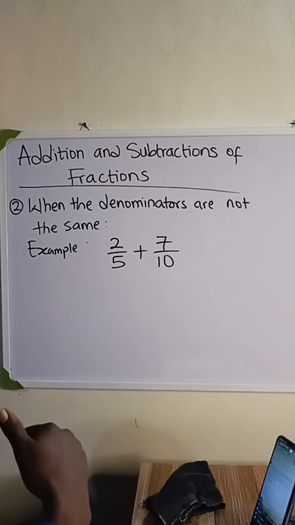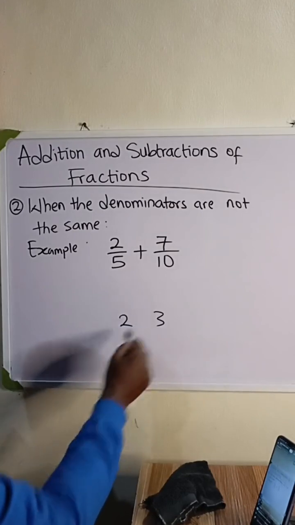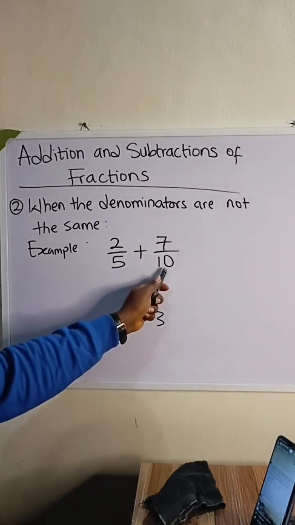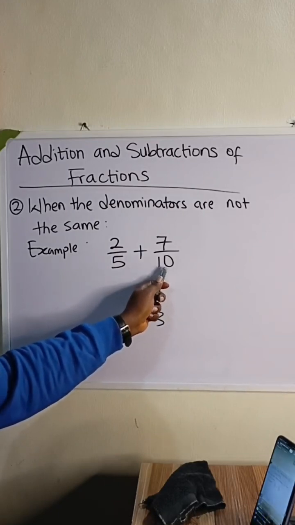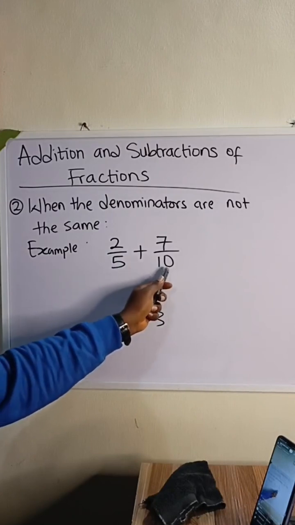But unlike the first one, where we had 2 and 3 as one of the examples, here 5 and 10, we can see that 10 is a multiple of 5. 5 times 2 will give you 10.